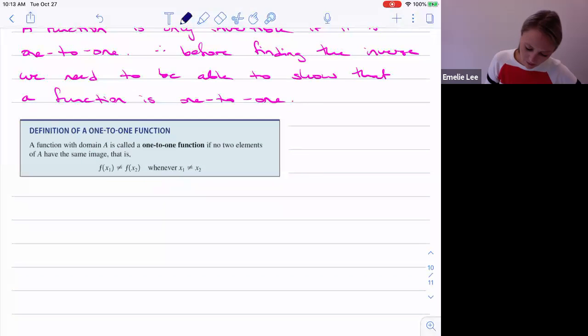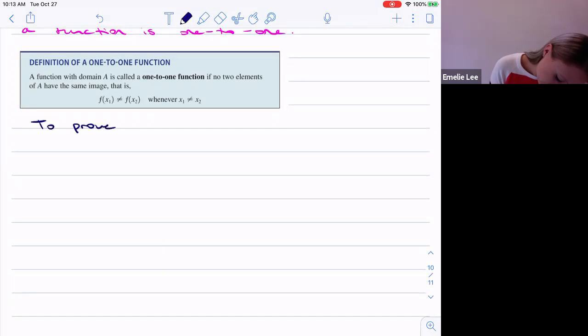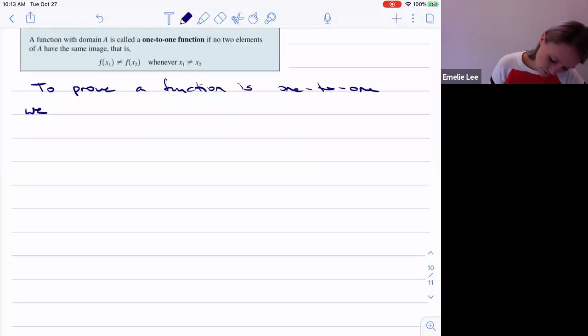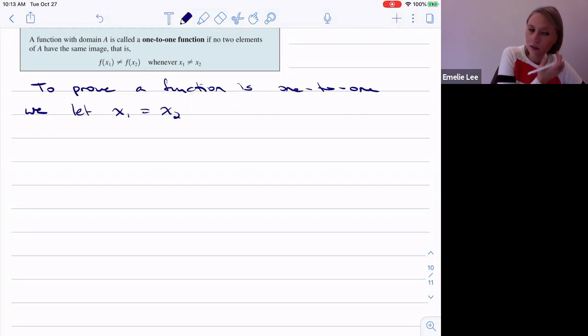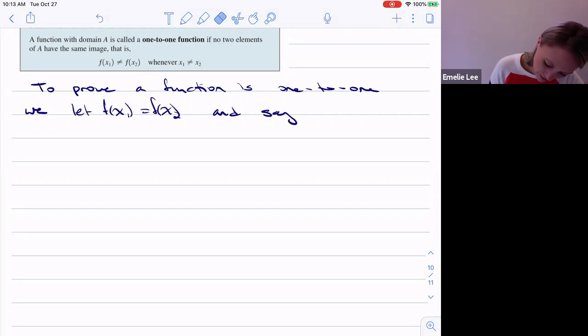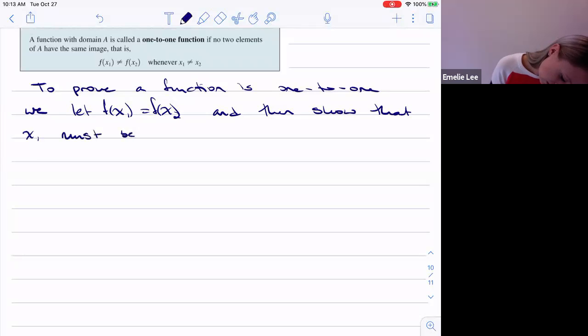So to prove a function is one-to-one, we let f of x1 equal f of x2, and then show that x1 must be equal to x2.